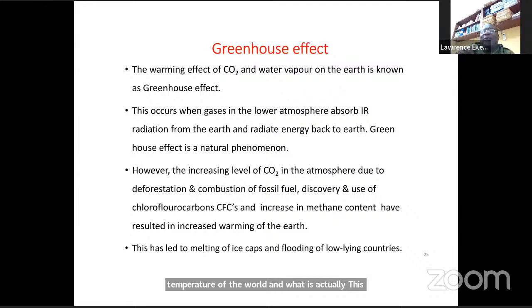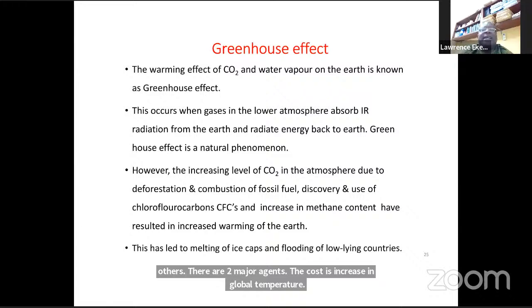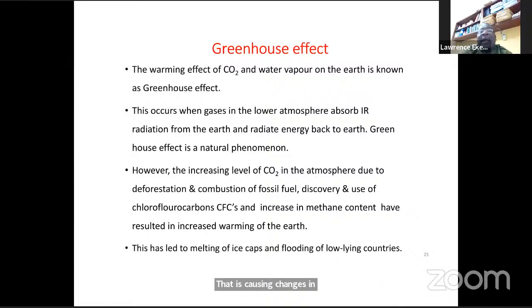Apart from others, there are two major agents that cause the increase in global temperature, that is causing changes in climate. And these are carbon dioxide and water vapor on the earth.